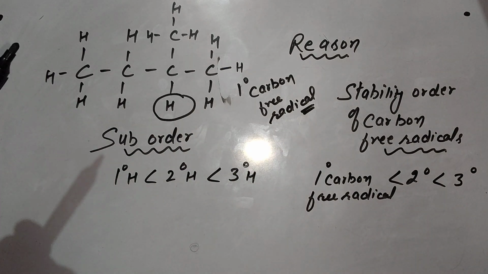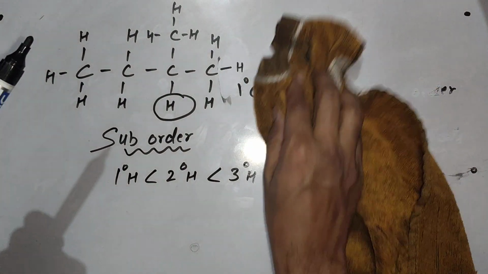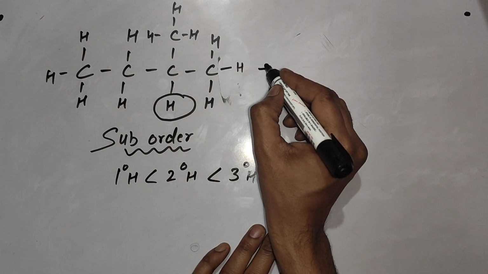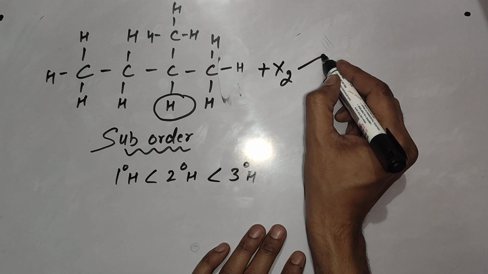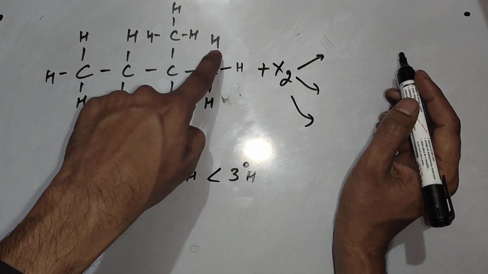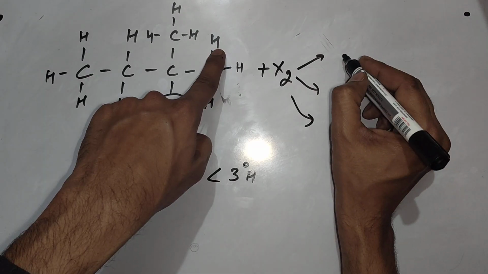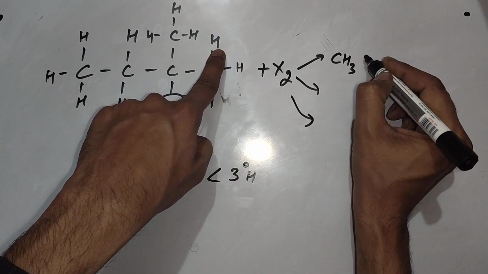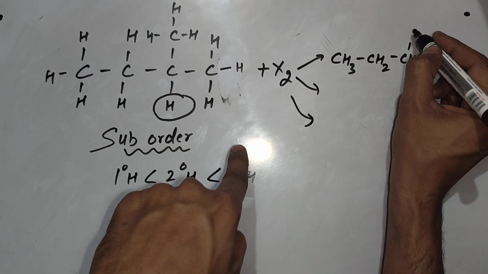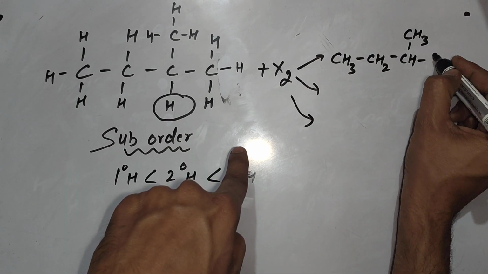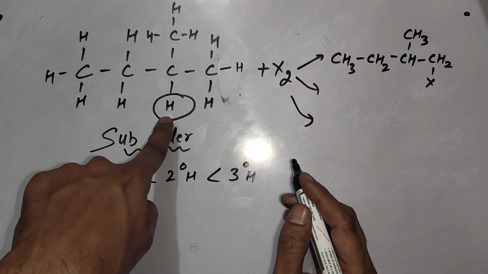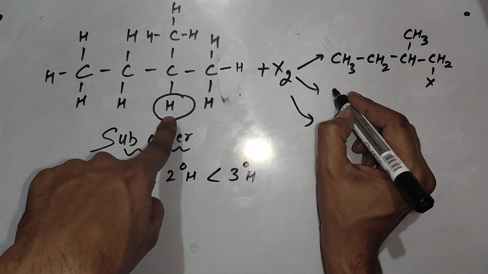Now, if I am going to react it with X2, 3 products are possible over here. Suppose I am substituting this hydrogen, a 1 degree hydrogen. So what will be the product? The rest I am writing in a short way, so please understand it. X I have joined here. Suppose this hydrogen is getting substituted.